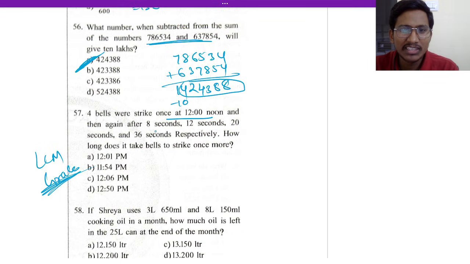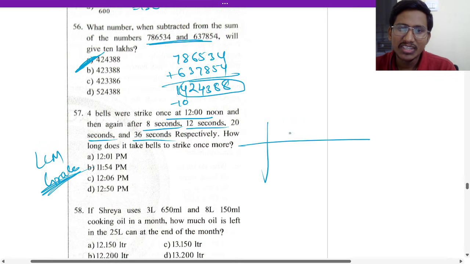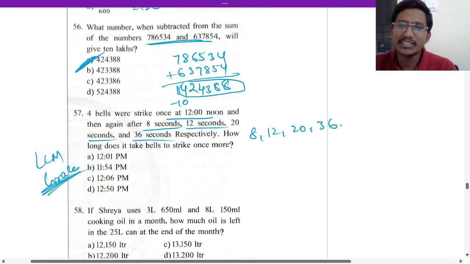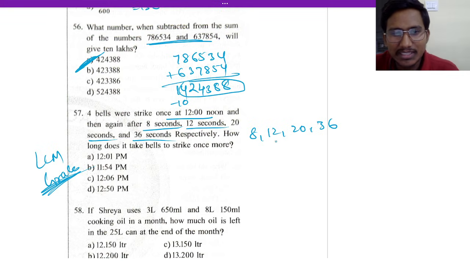Okay, so they strike after 8 seconds, 12 seconds, 20 seconds and 36 seconds, so you have to take the LCM of all these, right? So should I do directly 8, 12, 20 and 36? So what will be the LCM?